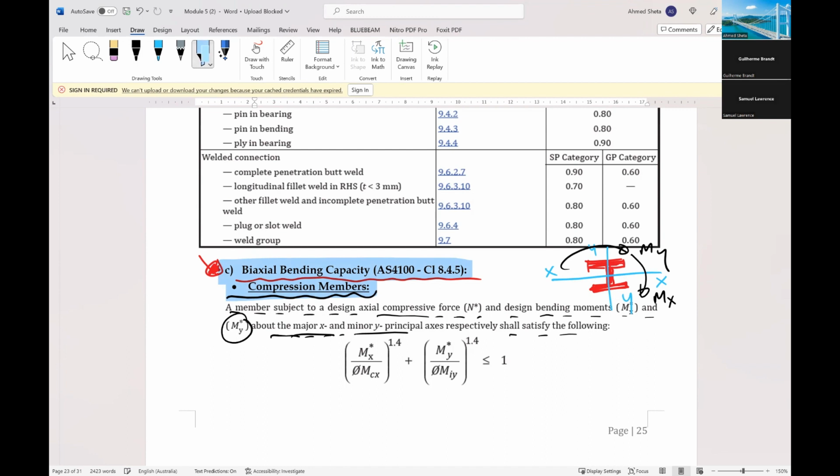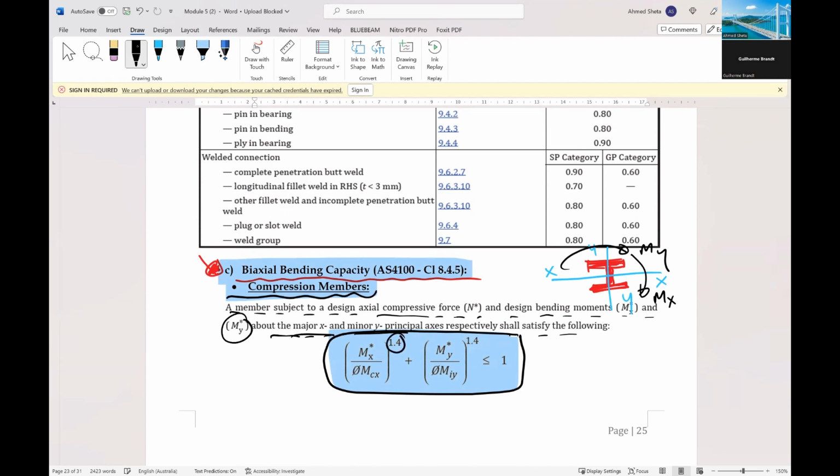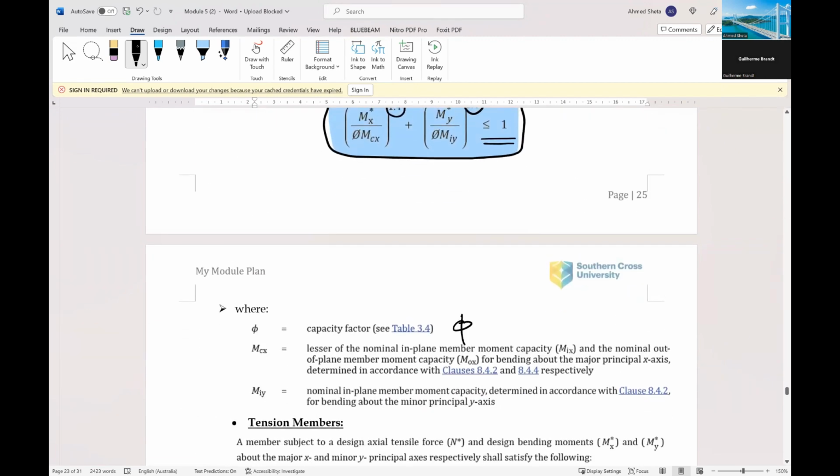So we have this formula for biaxial: Mx star over phi Mcx all to the power 1.4 plus My star over phi Miy to the power 1.4 should be less than or equal to 1, where phi is equal to 0.9, and Mcx is the lesser of the nominal in plane capacity Mix and the nominal out of plane capacity Mox.